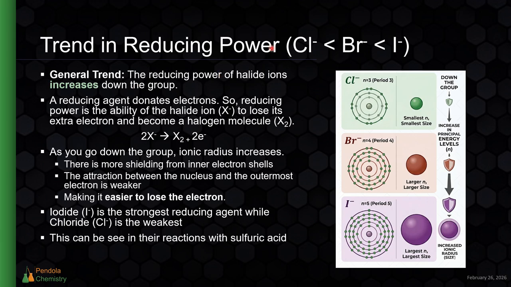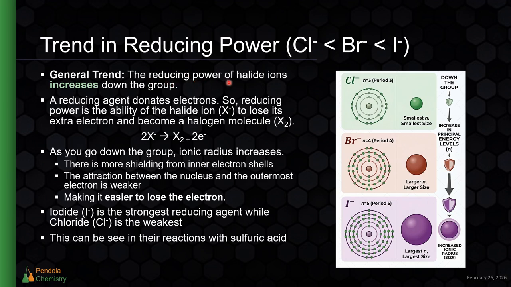In general, there is a trend to the reducing power of the halide ions. Chloride is the least reducing of the 3 halides. And again, we're not looking at fluoride because it's not as commonly seen, but chloride is the least reducing of the halide ions that we have here, and iodine is the most reducing.